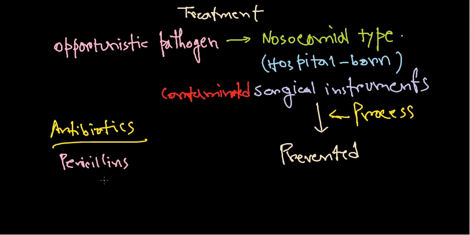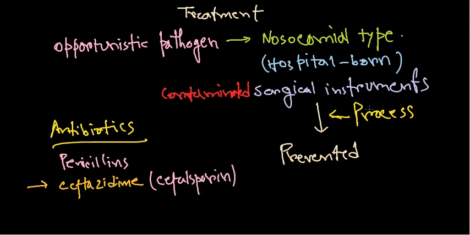Also, we can have cephalosporins, third generation cephalosporin, like ceftazidime. This is a new cephalosporin name we have heard now. So let me write ceftazidime. Ceftazidime is a kind of cephalosporin.